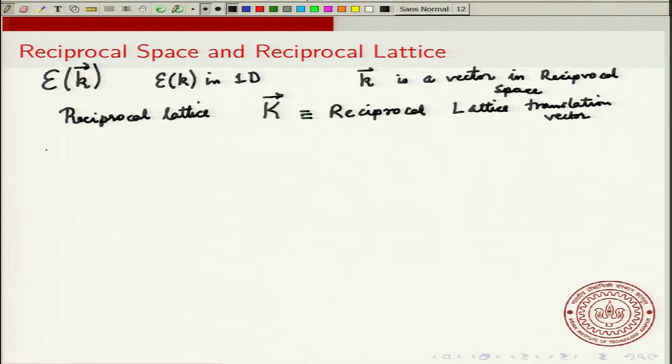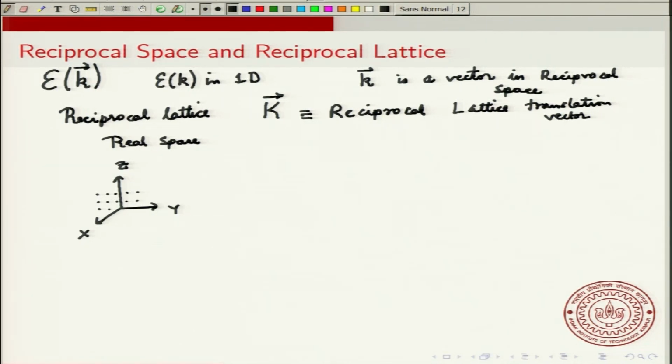That means that in this space of all wave vectors, instead of real space, where you have your coordinates x, y, z, you have this lattice in real space, some Bravais lattice.